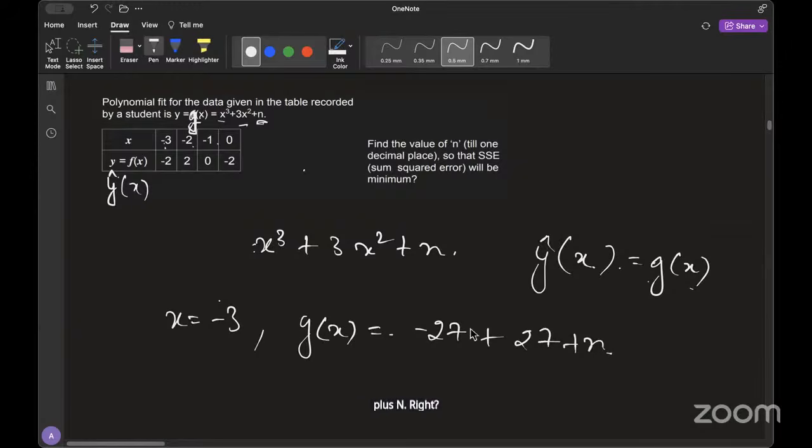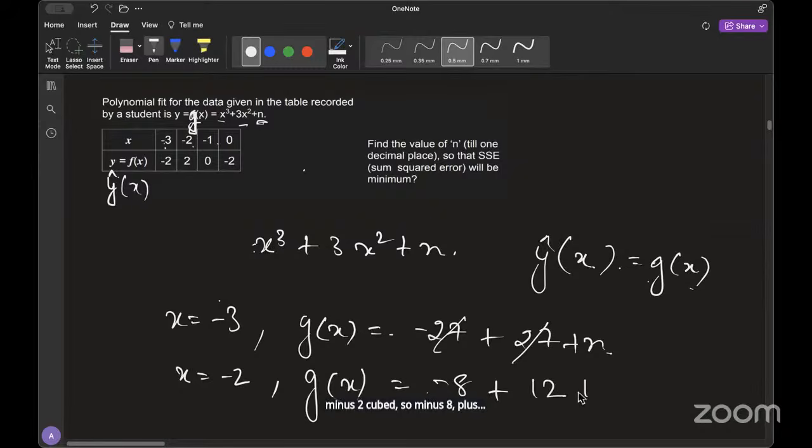So this is going to give you just n. At x equals -2, your g(x) is going to be -2 cubed, so -8, plus 12, plus n. So this is n plus 4.